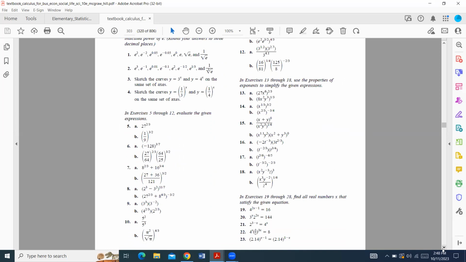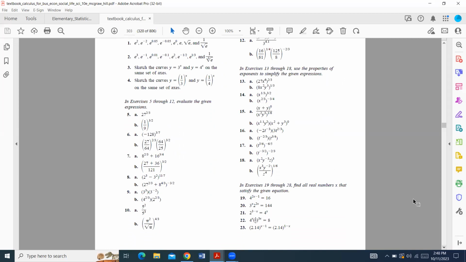So there are various exercises for properties of exponents. I can try one here, like say exercise number 19, the first section of the new chapter, and the page is 303, right?